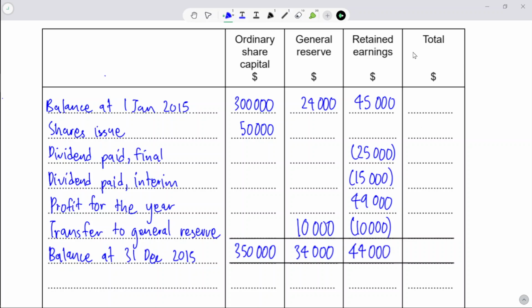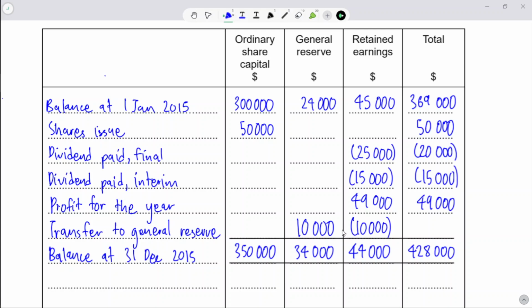The total is 428,000 and this one is 369K. So the answer is correct.